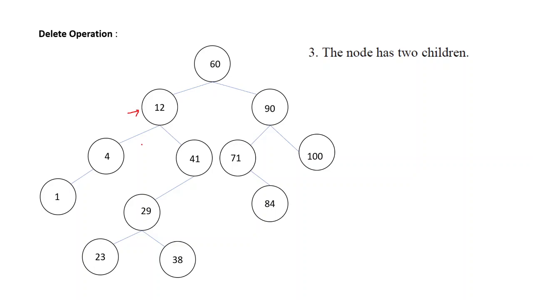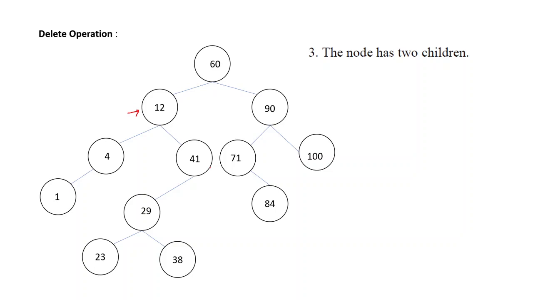Now the problem is, if we try to make the left pointer of 60 point to the children, who do we point to? 12 has two subtrees, this one with 4 and 1, and this other subtree. Clearly that can't be done in case of a node having two children.